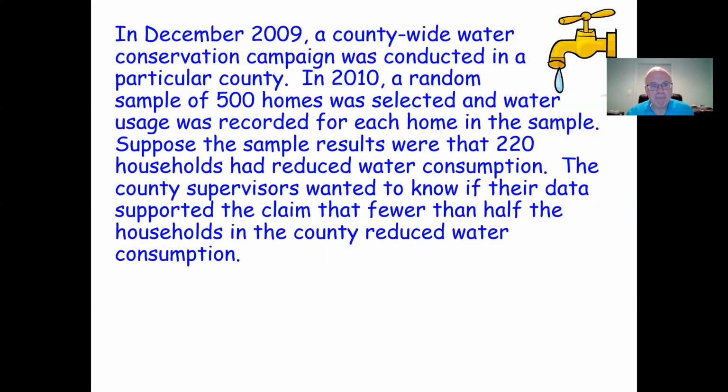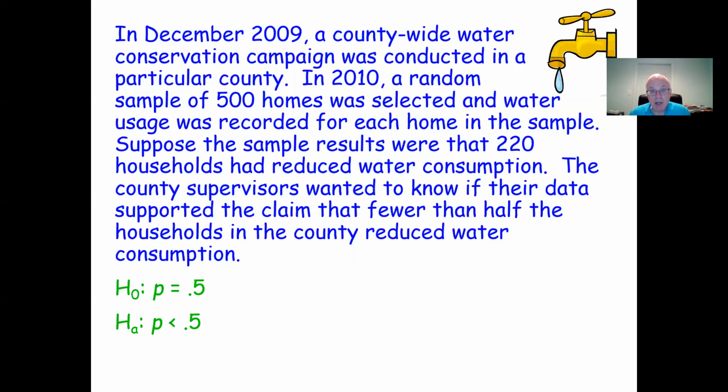So it says fewer than half. Well, what's half? The proportion is 0.5, right? So 0.5 is going to be the population proportion in your hypothesis test. Your null hypothesis will obviously be p is equal to 0.5. And since they use the word fewer here, fewer than half, the alternative hypothesis is p is less than 0.5.